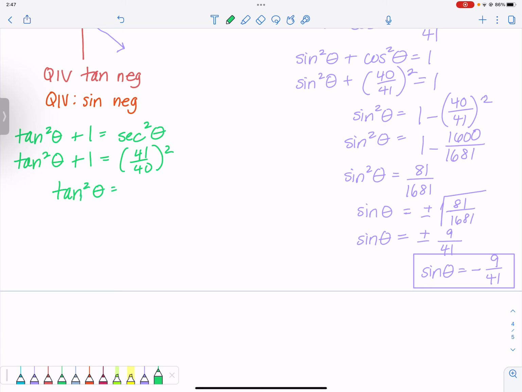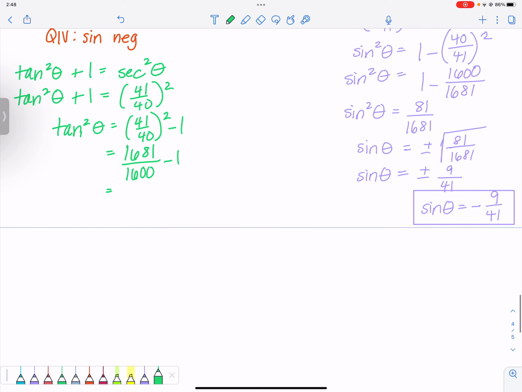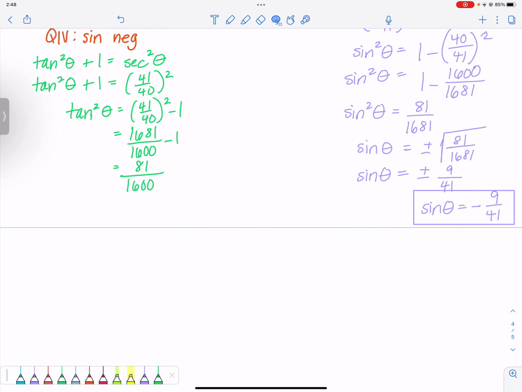So we have 41 over 40 squared minus 1, and that's 1681 over 1600 minus 1, and you will have 81 divided by 1600. So what do we know now?